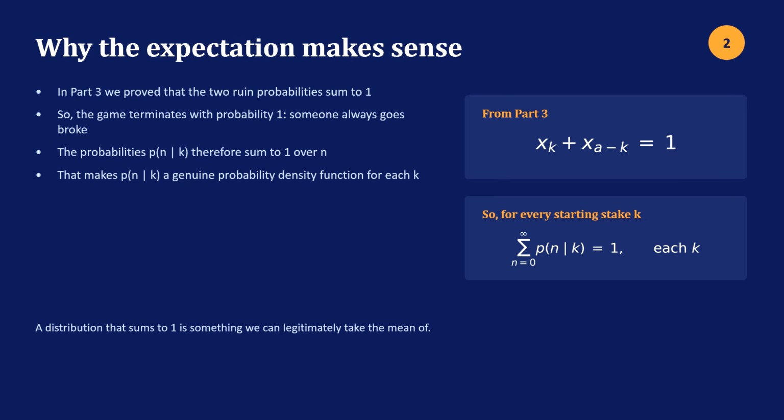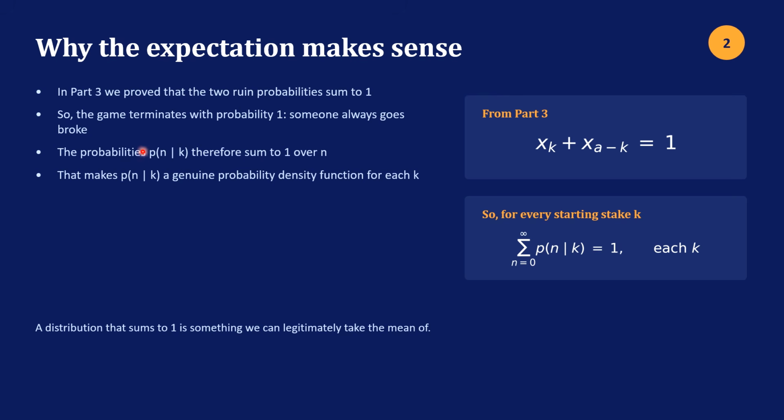Before computing the expected length, we should check that the question is well posed. In the last lesson, we showed that the two probabilities of ruin, this one for A and this one for B, sum to 1. So the game terminates with probability 1. Someone always goes broke. There's no intermediate case where the game goes on forever.